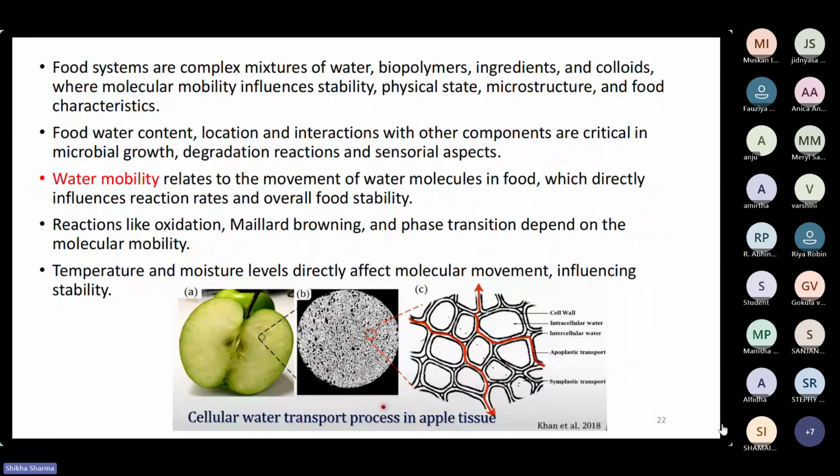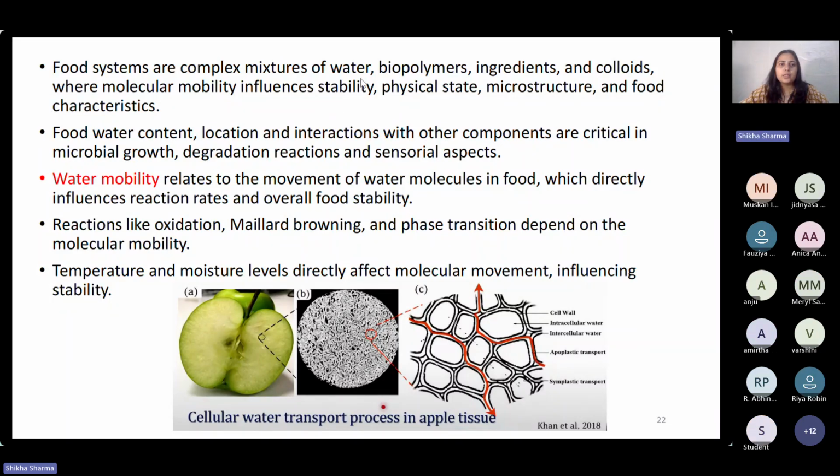Now, let's talk about the water mobility. Food systems are basically a complex mixture of water, biopolymers, ingredients, and colloids. All are there in the food system. The molecular mobility is going to influence the stability, physical state, microstructure, and food characteristics.